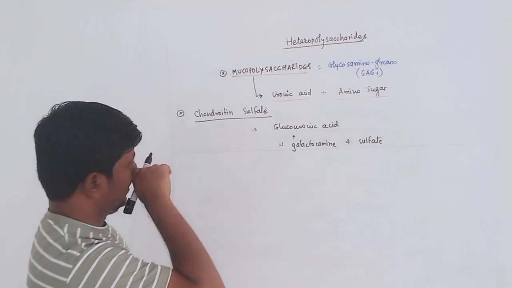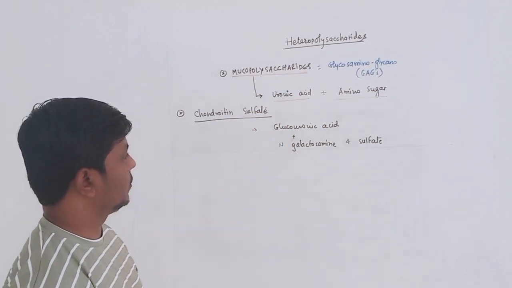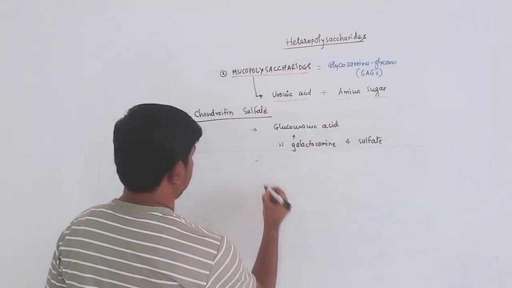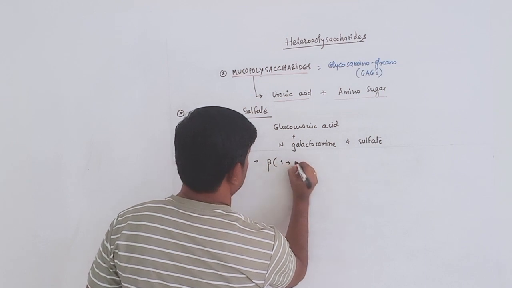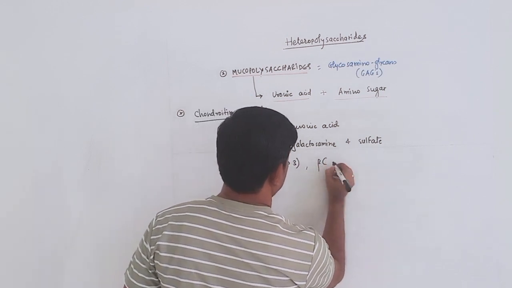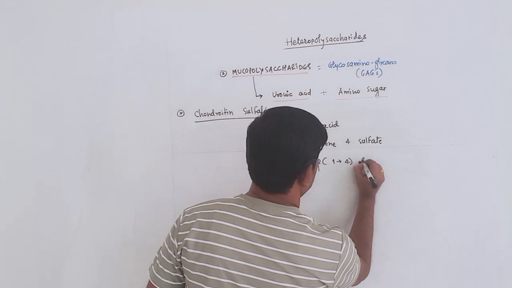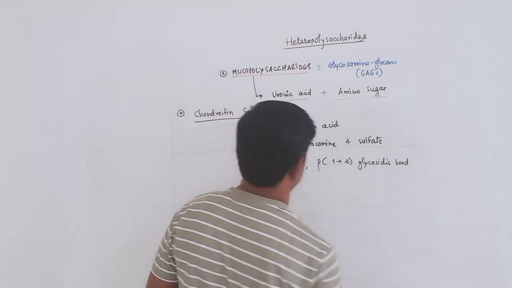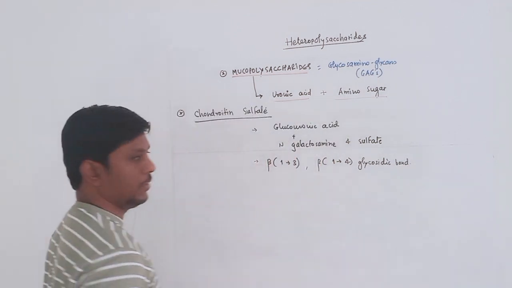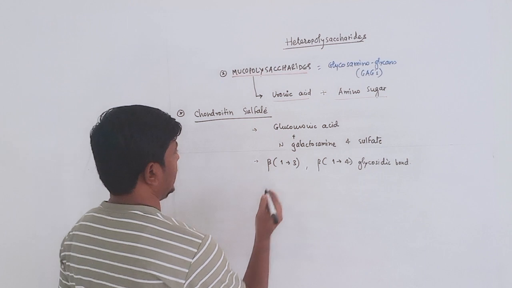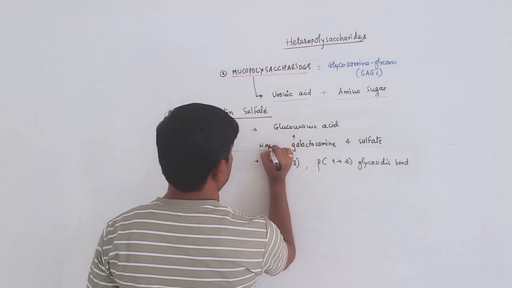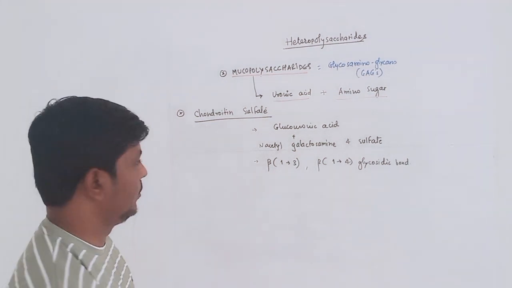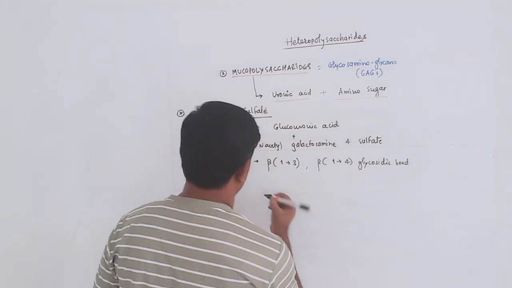This chondroitin sulfate consists of glucuronic acid and N-acetyl galactosamine 4-sulfate, which are linked together with the help of beta 1,3 glycosidic bond and beta 1,4 glycosidic bond.